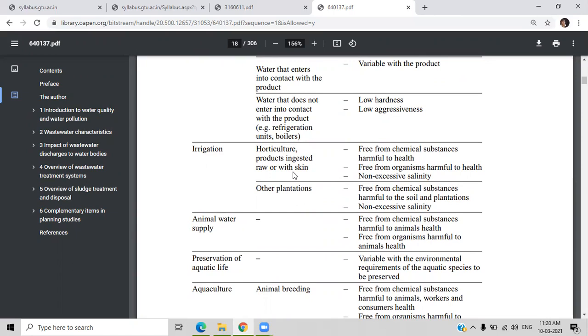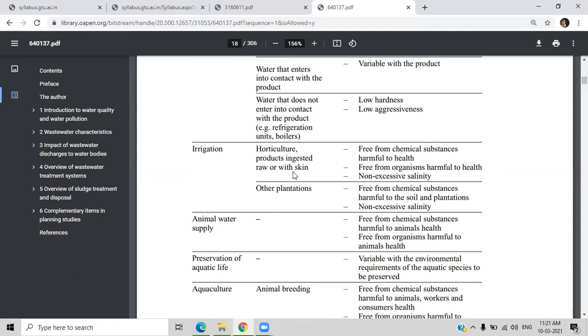So when we use water directly for irrigation agriculture as well as horticulture, which is directly related to the skin or raw consumption, this kind of water quality is required: free from chemical substances harmful to health, and non-excessive salinity. For other plantations, the water should be free from chemical substances harmful to the soil and the plantation, and non-excessive in salinity.